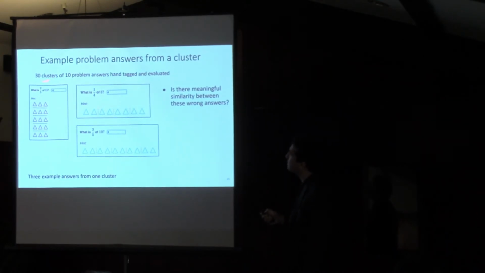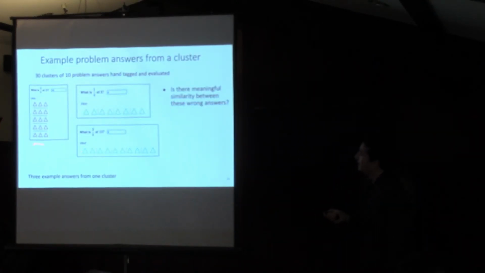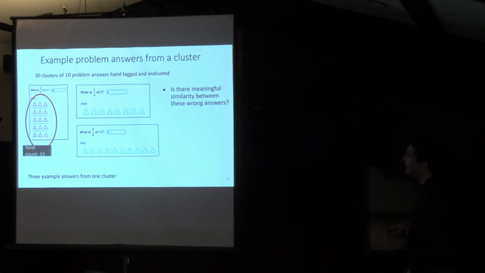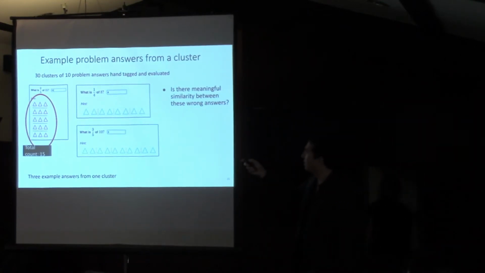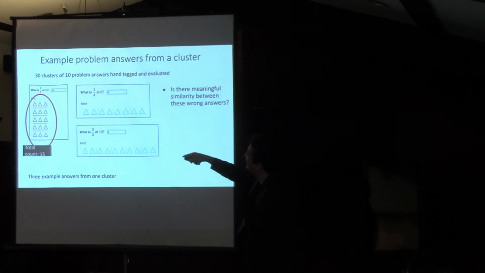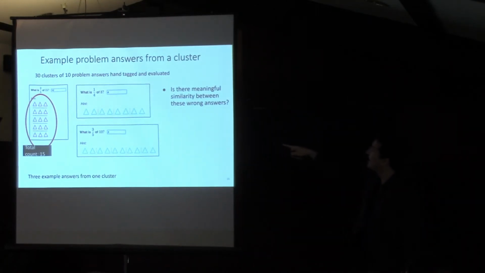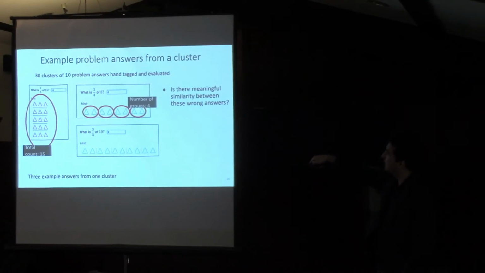I usually pause to ask what the commonality is here, but I don't know if you guys are good at this task. But for time, I'll give you the answer. And you can't see it, that's also a problem. I'll forgive you that. So the student answered 15 here, but 15 is also the number of triangles that's shown in this preemptive hint.